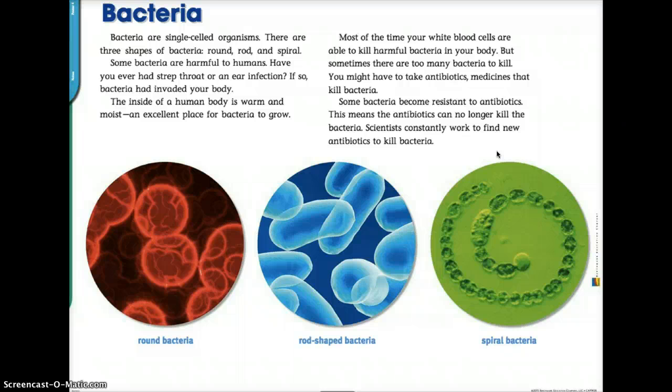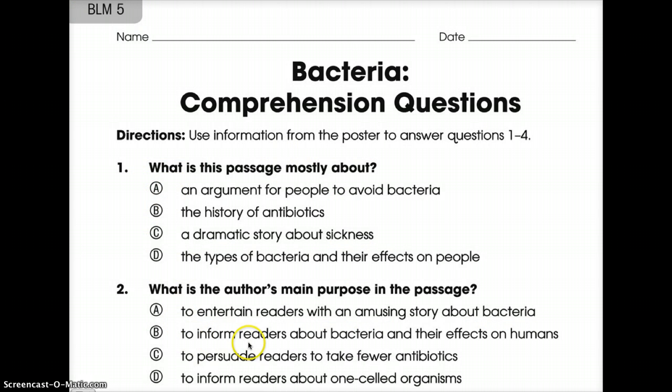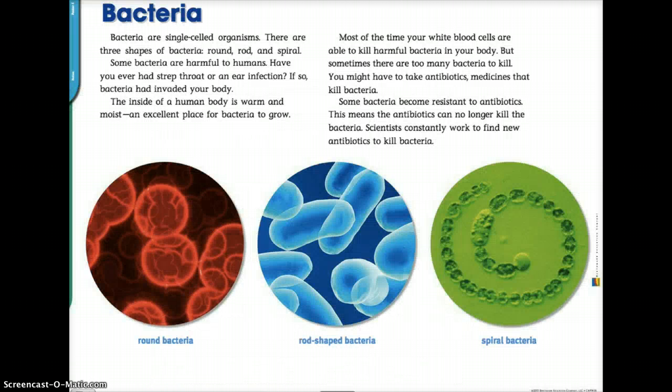Now, two answer choices include the word inform, so I'll review the content of the passage. One is to inform readers about bacteria and their effects on humans, and one is to inform readers about one-celled organisms. One sentence tells that bacteria are one-celled organisms, but the whole passage talks about the effects of bacteria inside the human body.